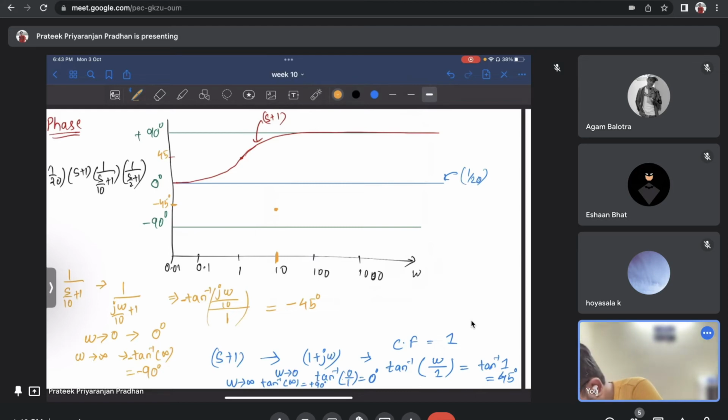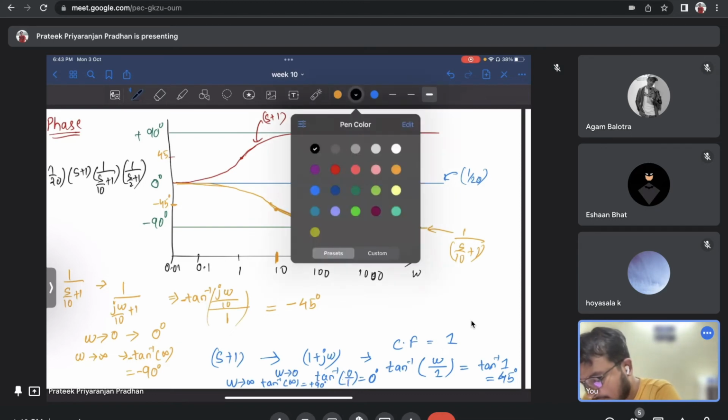So that's why it will start from 0, it will be almost like this somewhere, and this is 1 by s by 10 plus 1. So bode plots are approximate diagrams. We can approximate to 3 points: initial, corner frequency, and final. So these are approximate. I don't say these are exact bode diagrams. These are approximate frequency responses.